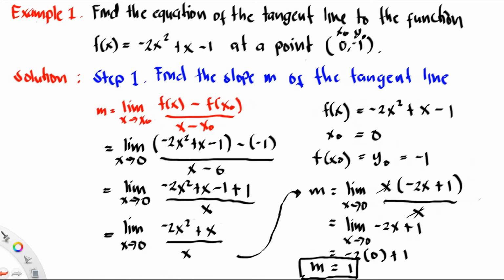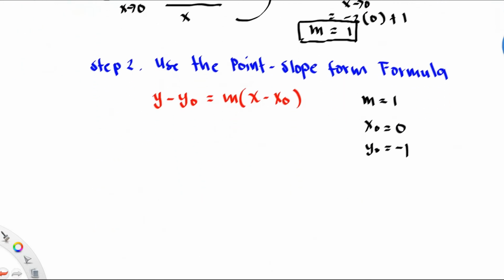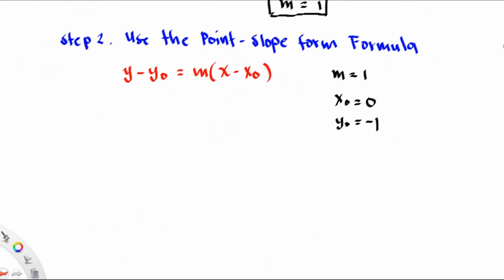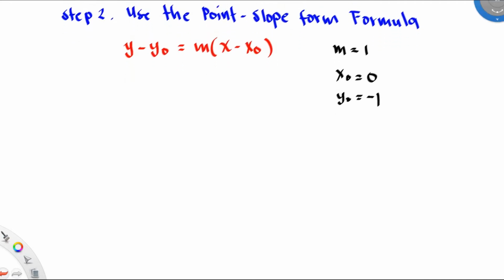Since we already have the information that we need to solve the equation of the tangent line, our next step is to use the point slope form formula.